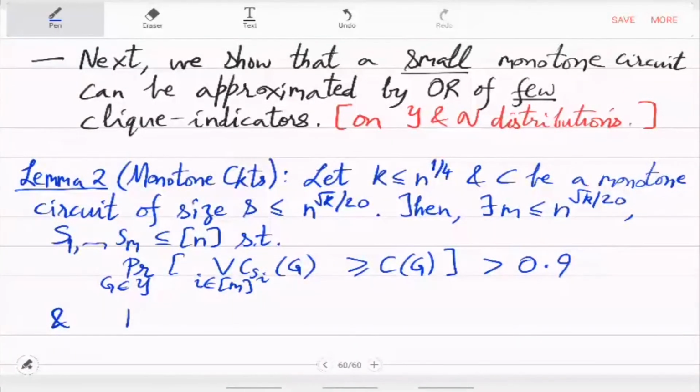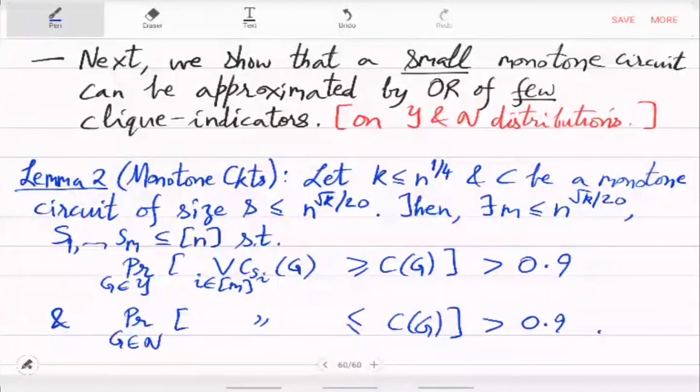And a symmetric thing holds on the no input distribution. For no instances, this indicator is at most the value of the circuit. So if the value was 0, this is also 0 with probability 0.9. If the value was 1, then the OR of indicators can be 0 or 1, but the point is that it matches the monotone circuit C value.